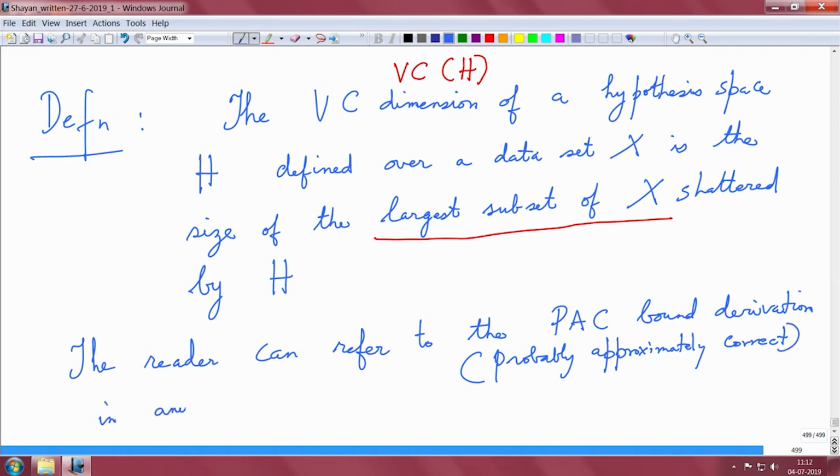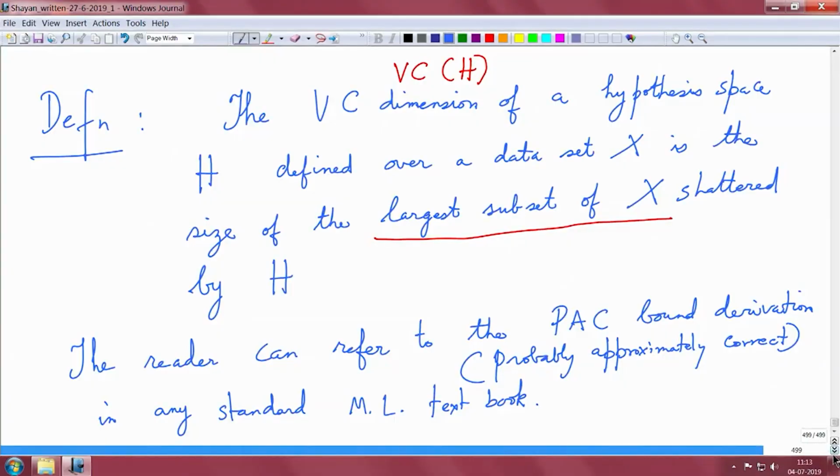In any standard machine learning textbook, in any statistical decision theory or statistical learning theory book, you can refer to that book where we discuss this PAC bound derivation, and that links the error in the training set, the VC dimension, and these constants and the cardinality of the hypothesis space, etc. It links all these things together through a bound.